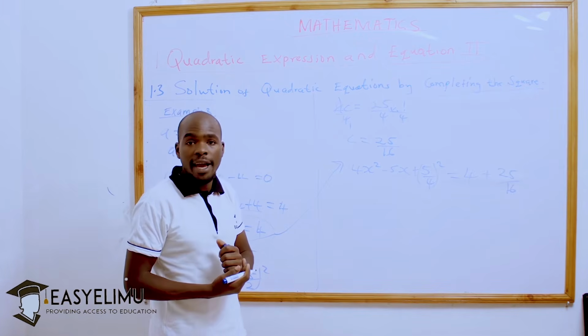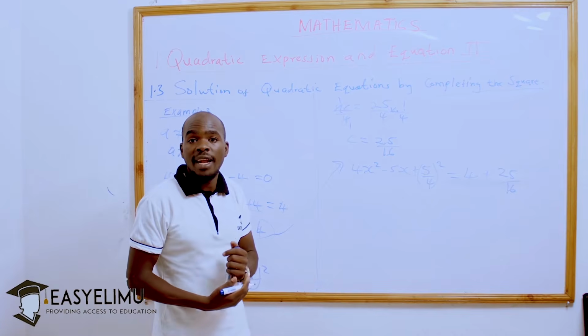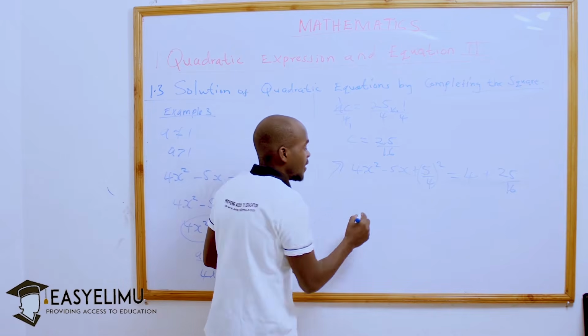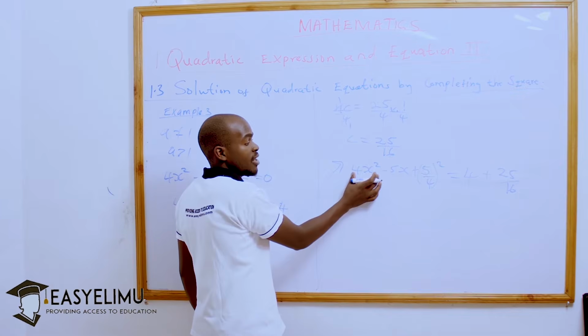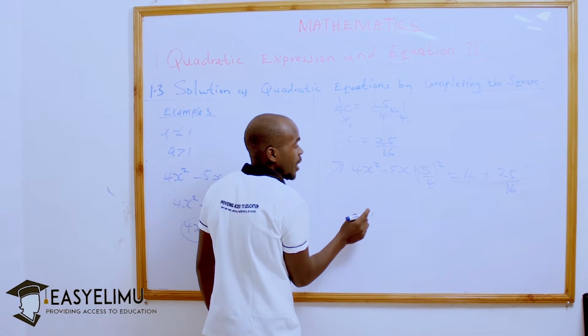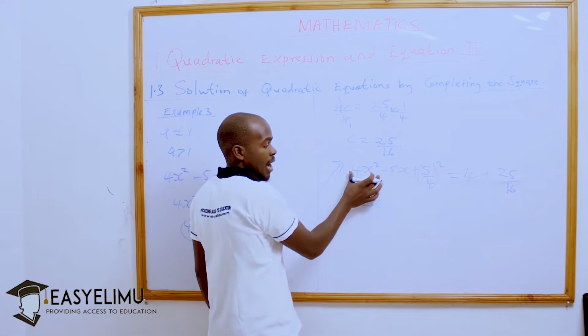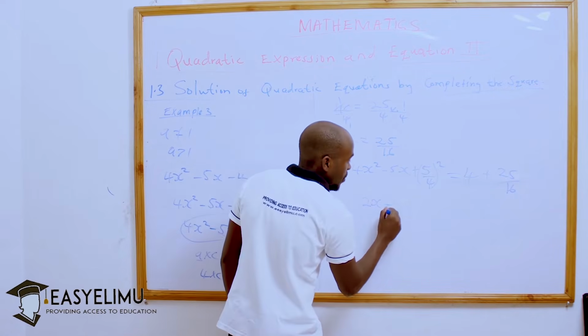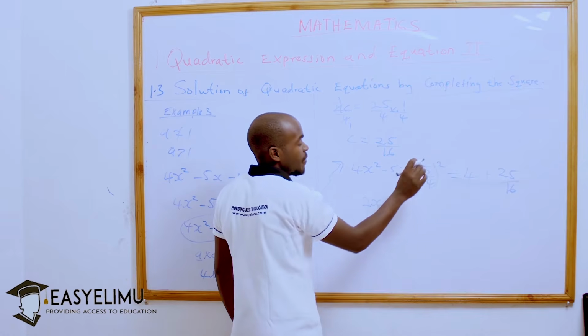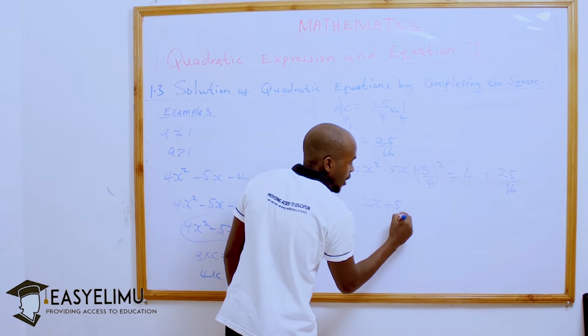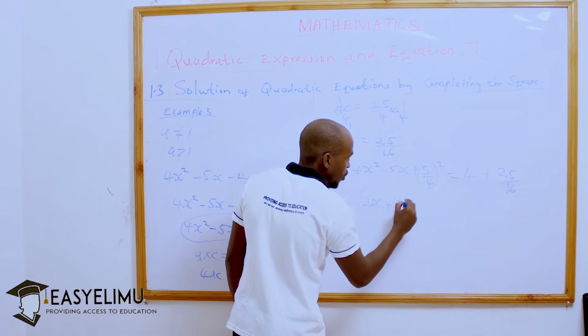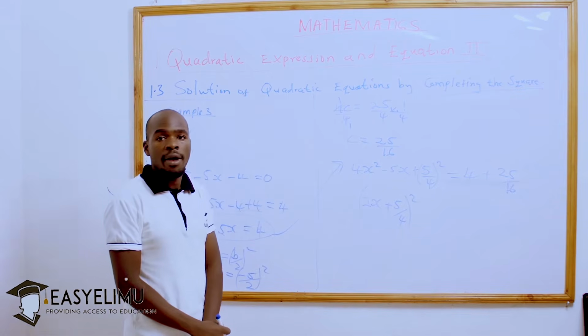After reaching that, you have to factorize the left hand side. To factorize, you find the square root. You will find it is 2x, and then plus 5 over 4, but now this all will be squared.